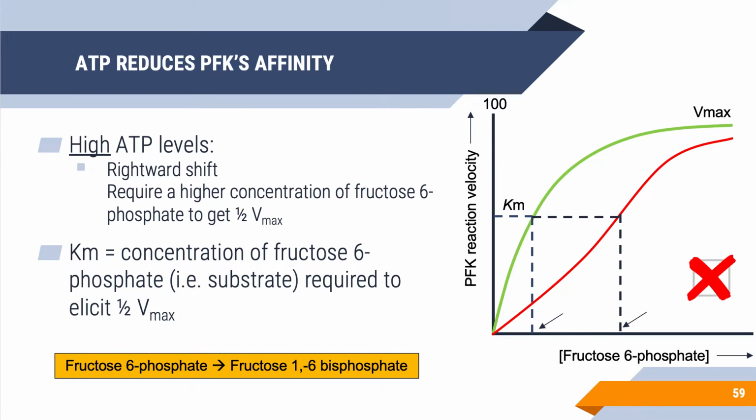So we've caused this conformational change. It's inhibiting the binding of fructose-6-phosphate, making it harder to bind to the enzyme, meaning we have a slowing of this reaction when ATP levels are high.